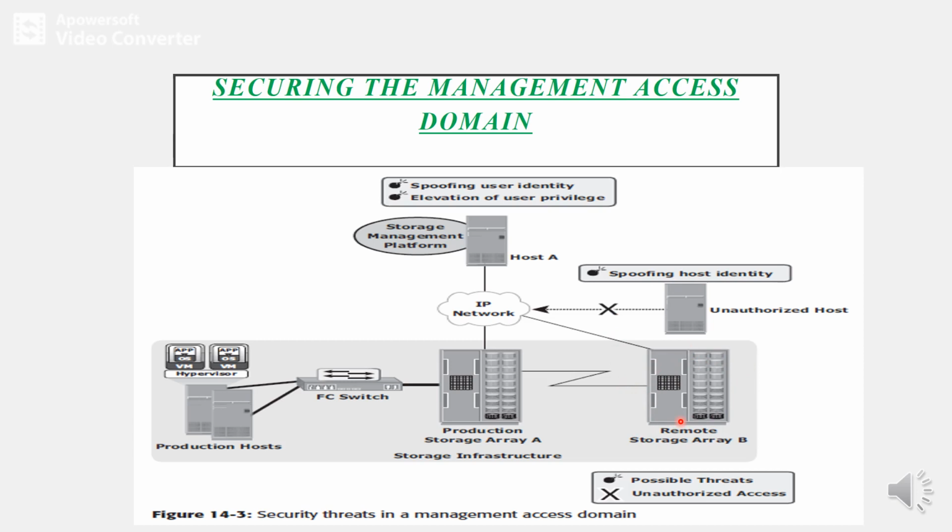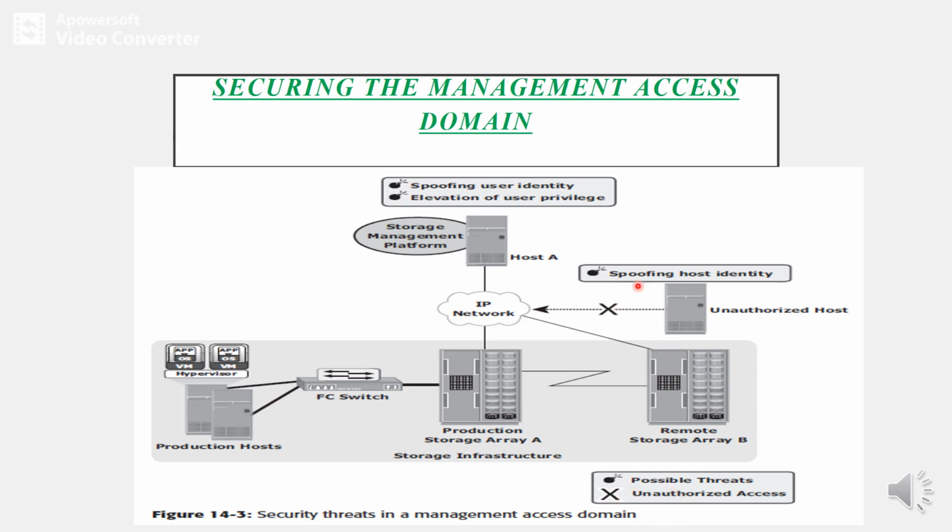Providing management access through an external network increases the potential for an unauthorized host or switch to connect to the network. In such situations, implementing appropriate security measures prevents certain types of remote communication as well as certain types of unauthorized access on the remote array. So the possible threat is an unauthorized host accessing the network and reaching storage array B, and the threat is spoofing.